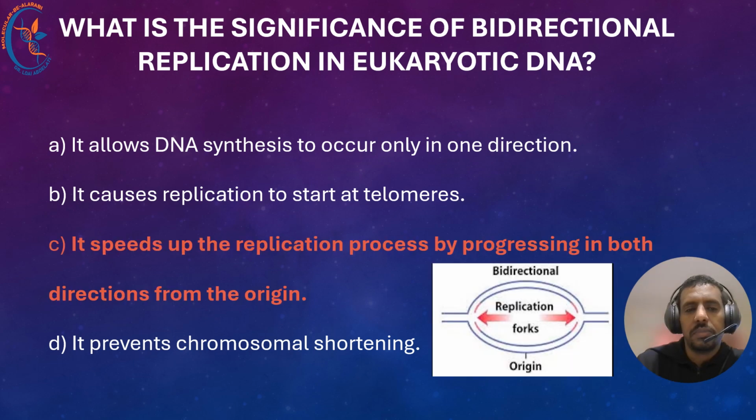Let's move on. Actually, the significance of bidirectional replication is to speed up the DNA synthesis process by progressing in both directions from the origins. This allows for faster and more efficient replication. So the correct answer is option C.